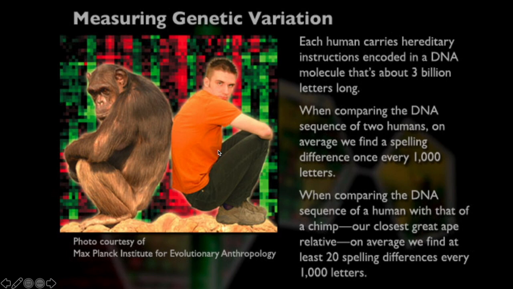Small portion of spelling differences in the genetic material can produce these totally different looking organisms, the human and the chimpanzee. A very small percentage indeed.